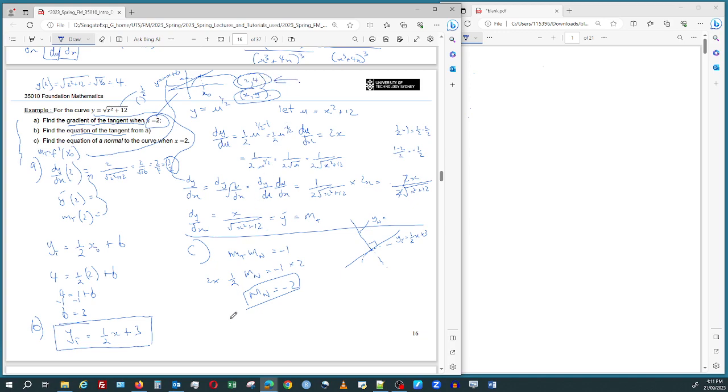So to find out what our equation will be, we'll put in y normal is equal to -2x plus b, and using our points, again, 4 equals -2 times 2 plus b, so that's -4. So add it to both sides and you'll get b is equal to 8. So y normal is -2x plus 8.